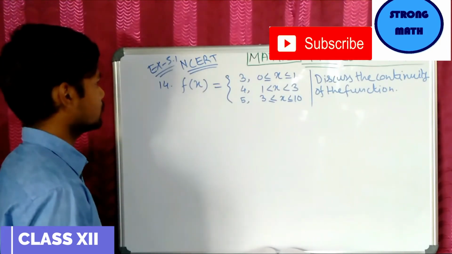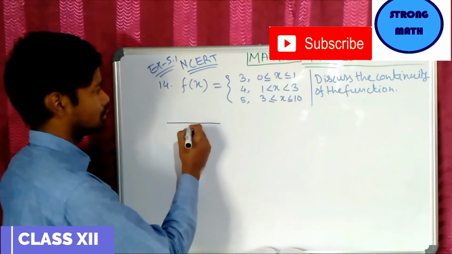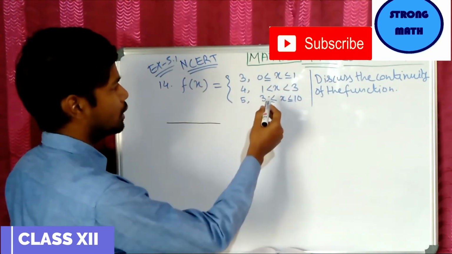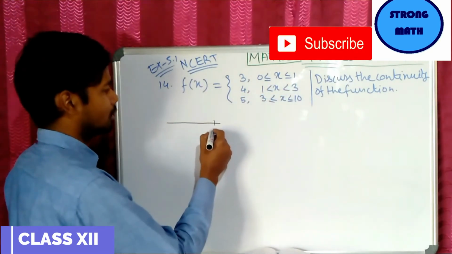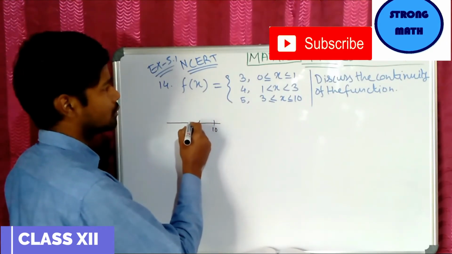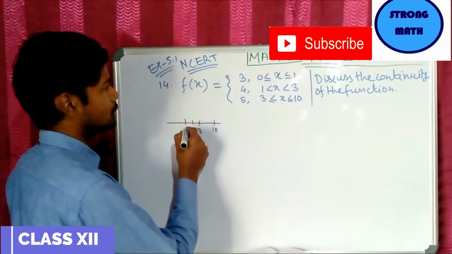At first, draw a rough sketch. The function is broken at 0, 1, 3 and 10. This is 10, suppose this is 3, this is 1, this is 0.